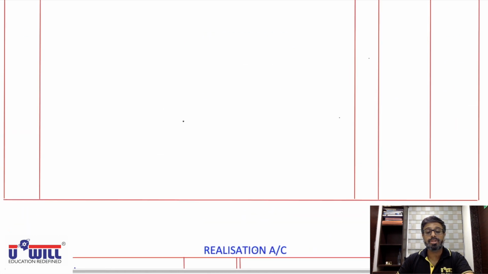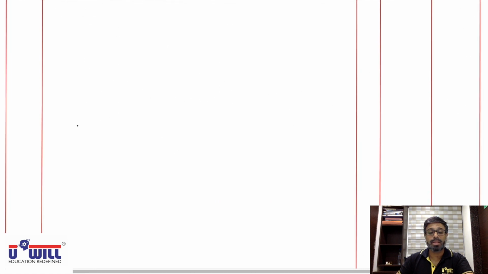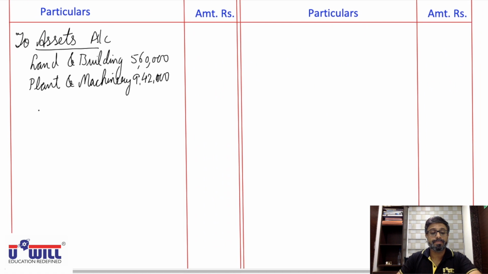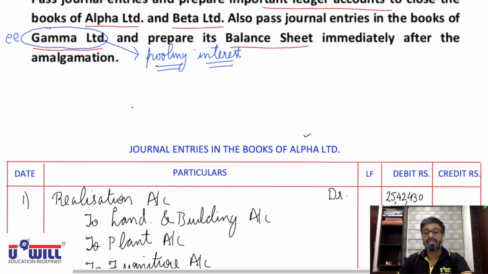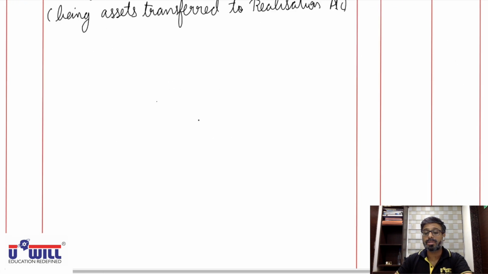Then after plant and machinery, we have furniture with 1,01,500. Then after furniture, we have stock 5,37,340.